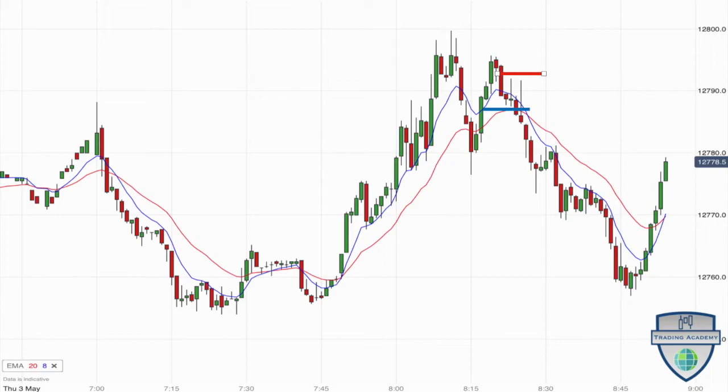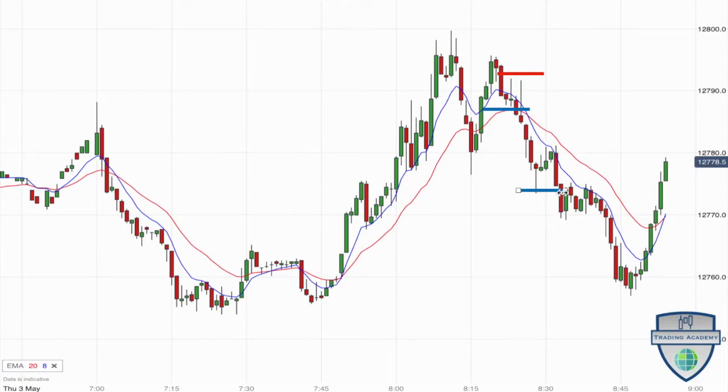So I'm always looking for 2-to-1 reward to risk on these type of trades, and we're able to get it at this level here. So this is the risk difference between my entry and my stop, and the target was the low of that bar there, at this level here.